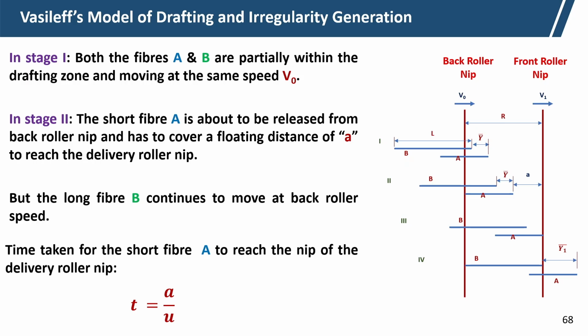By that time the leading end of the short fiber reaches the front roller nip and is about to move at the speed of the front roller, where u is the floating velocity.